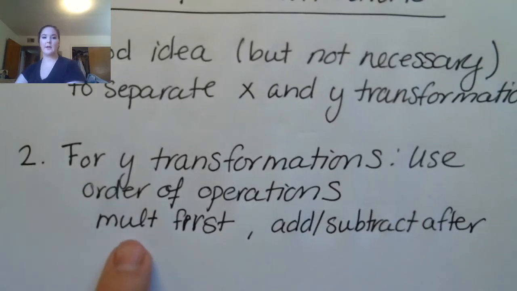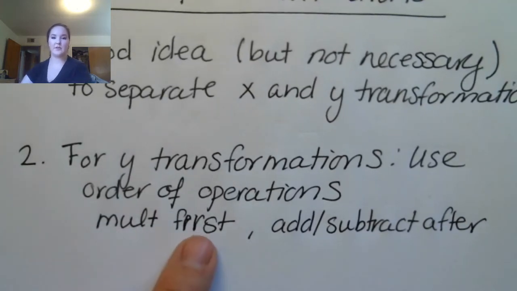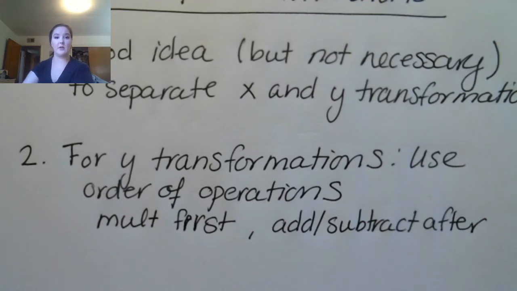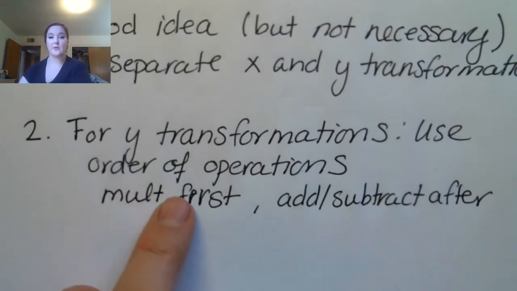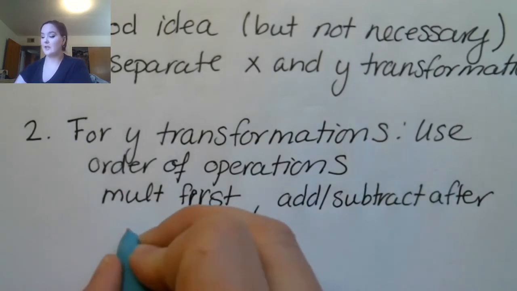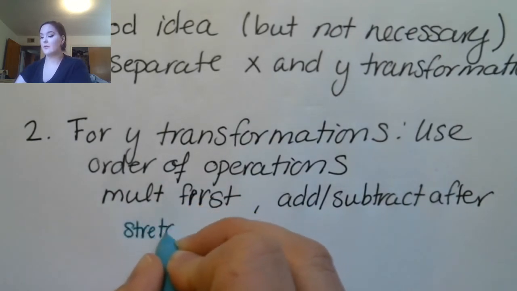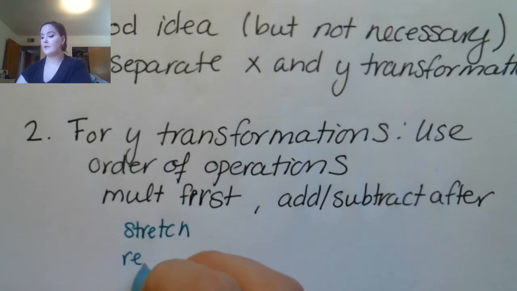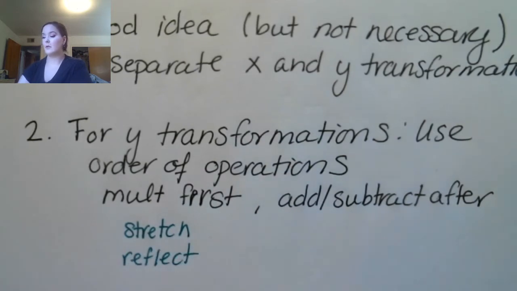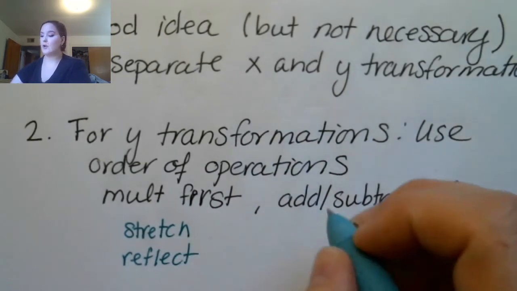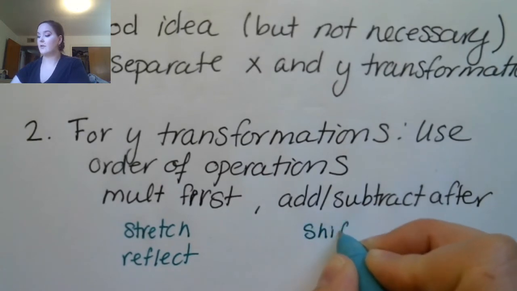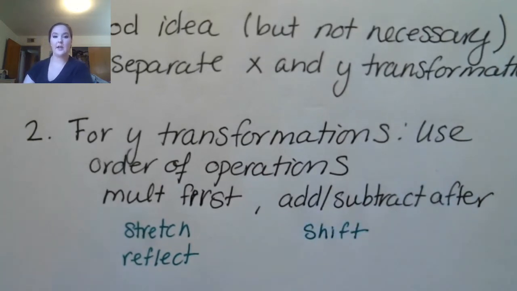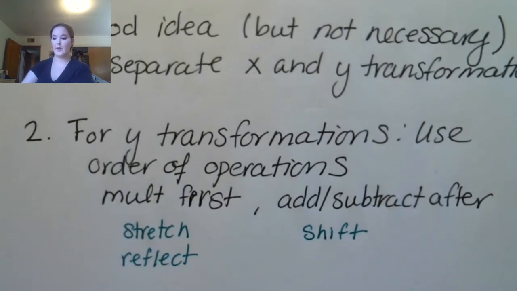We know that in order of operations, we do multiplication first and then add and subtract later on. So in terms of transformations, multiplication is going to be stretch or reflect, and add and subtract is going to be shift. So you have to do these types of transformations before this one.